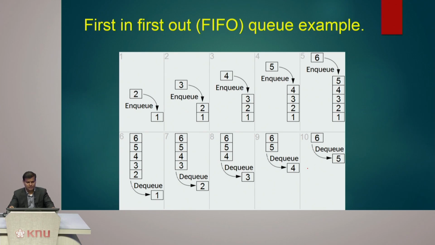So the customer who comes in first gets served. That's why we call it first come, first serve, or first in, first out. So that is a simple system that you have here.